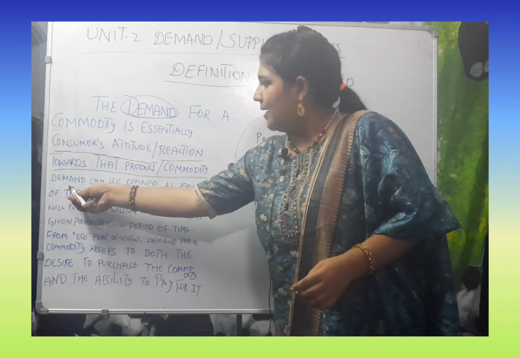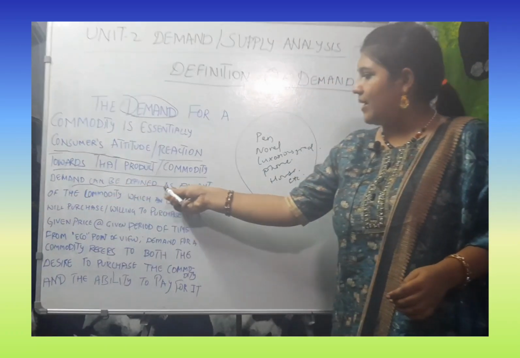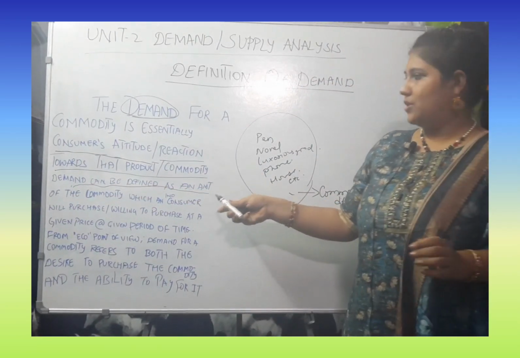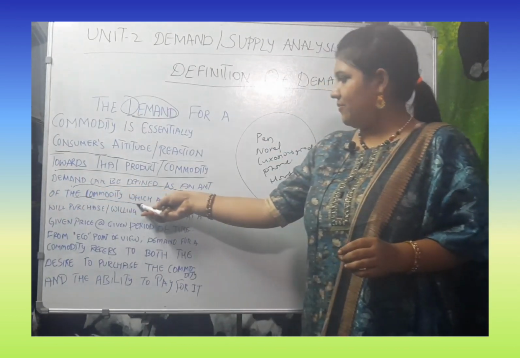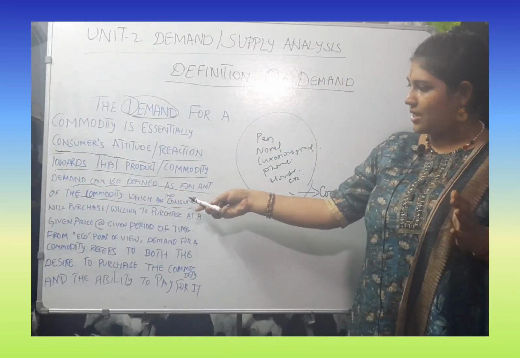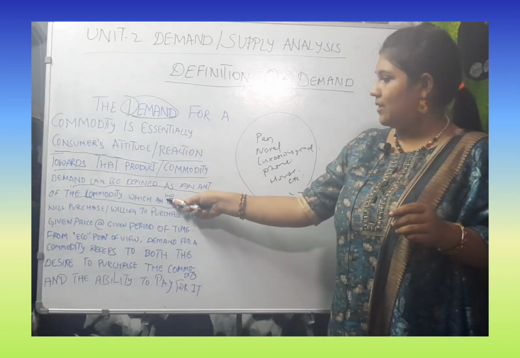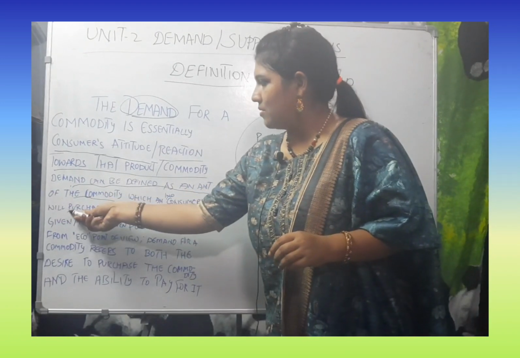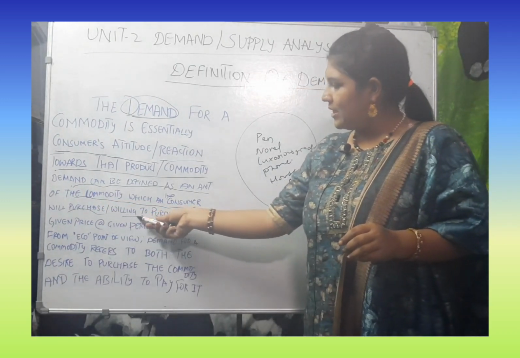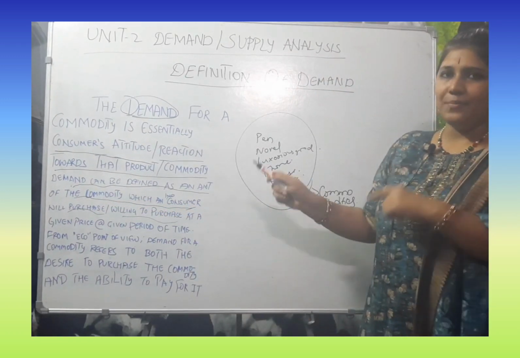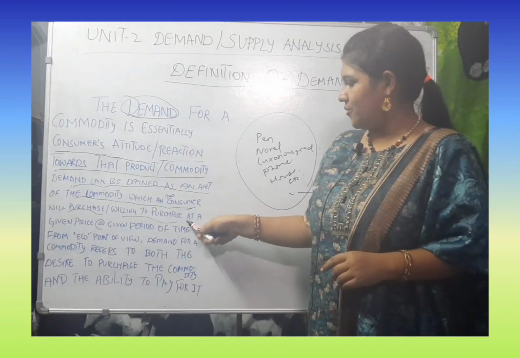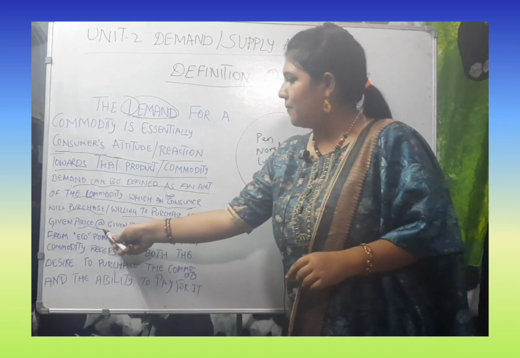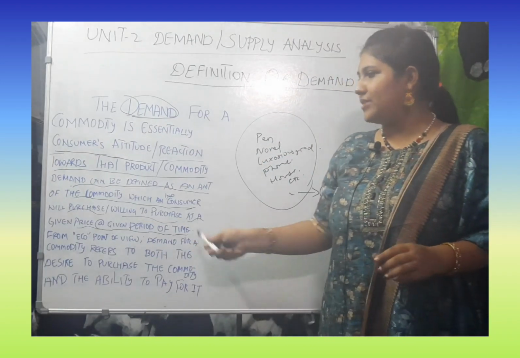Demand can be defined as an amount of the commodity which an individual consumer will purchase or is willing to purchase, at a given price, at a given period of time. Now I am reading the definition, then I will explain it.